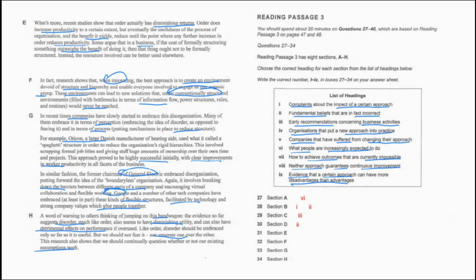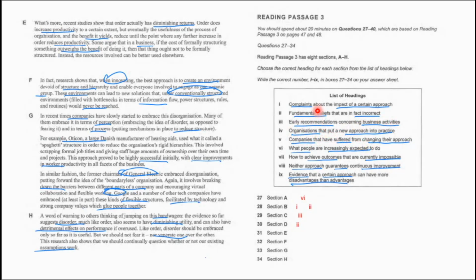So with this learning, start reading the questions. Remember, in the paragraph we learned they did talk about approaches here, but they did not talk about complaints. So the first one will not be our answer. They didn't talk about any fundamental belief, any recommendations, and companies and organizations.